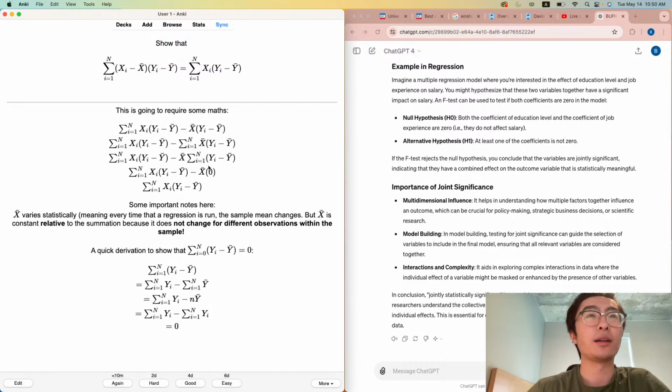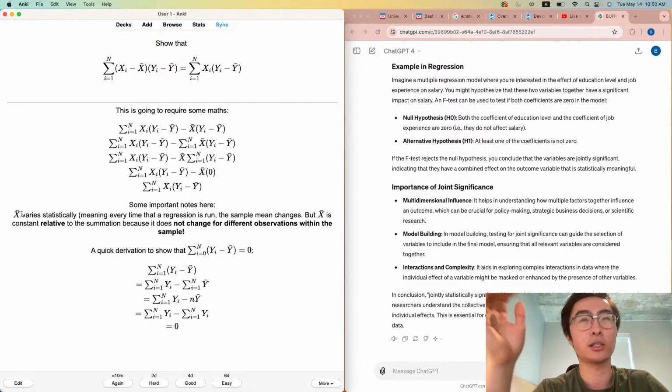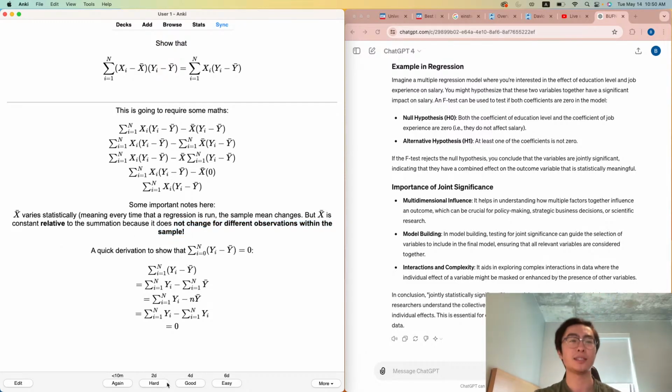Once we plug in 0, this removes this term and we get this final summation here. This is where I go into the details of x bar. It does vary statistically, so every time you make a new sample or regression, it changes, but it's constant relative to the summation because it does not change for different observations within the sample.